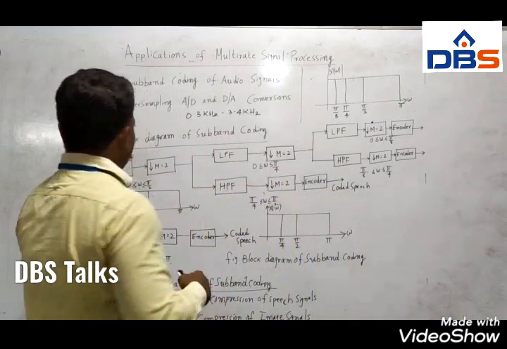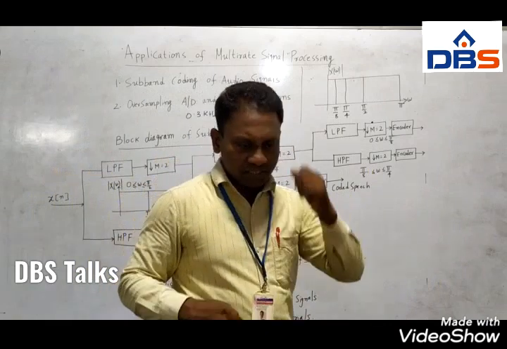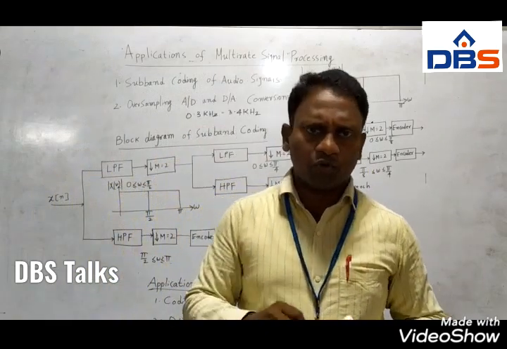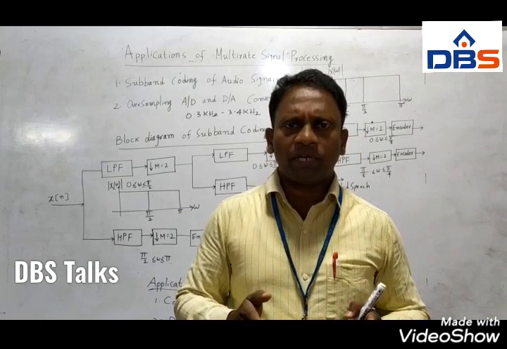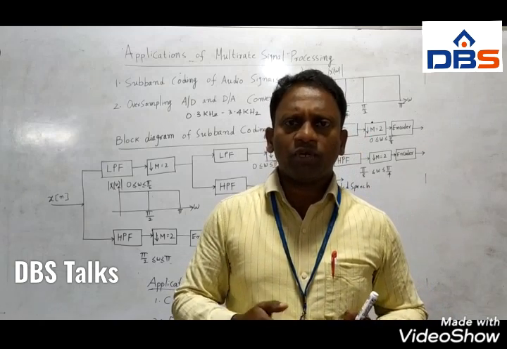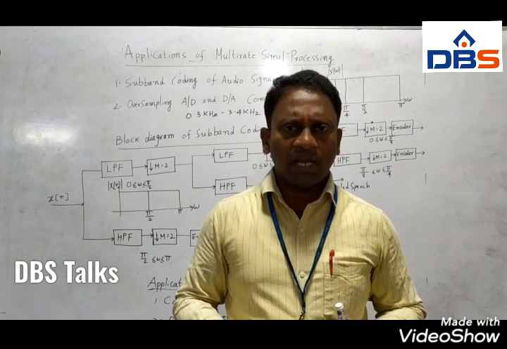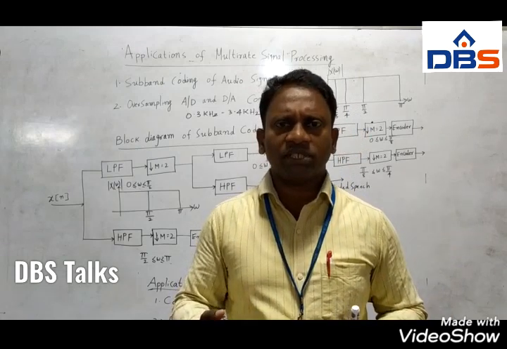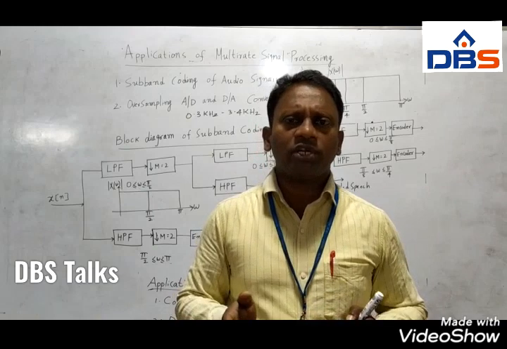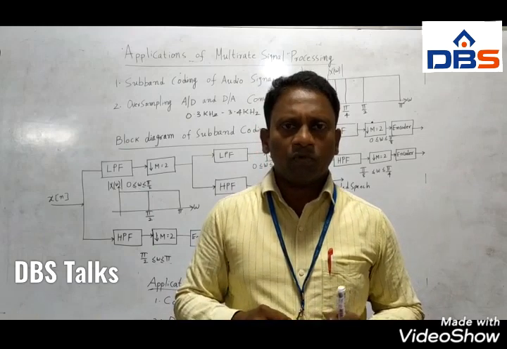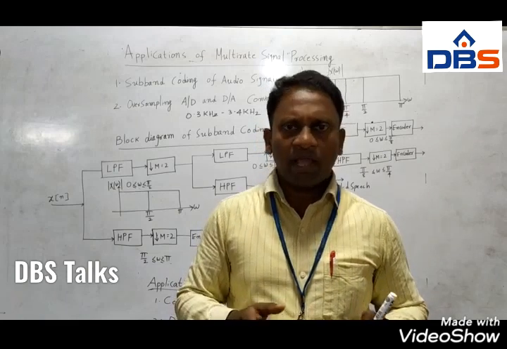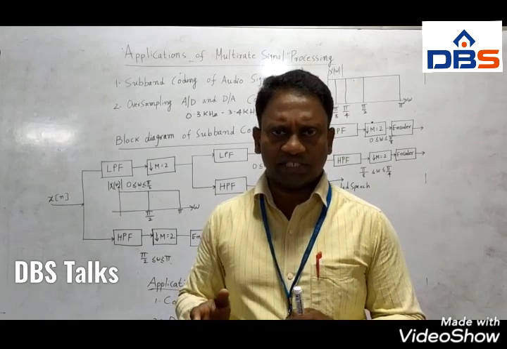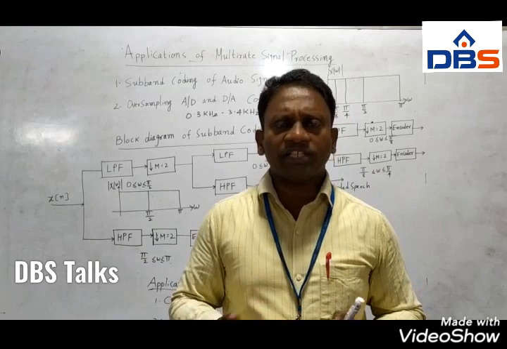Okay, so at low frequencies the energy is more, as we know. So the amplitude component at low frequency is coded with a higher number of bits, and the amplitude at high frequencies is coded with a less number of bits. Therefore we have different criteria at low frequencies as well as at high frequencies. That is why we need subband coding.